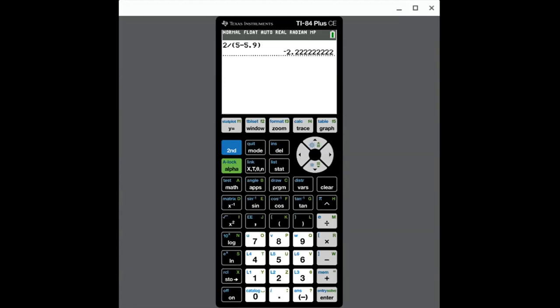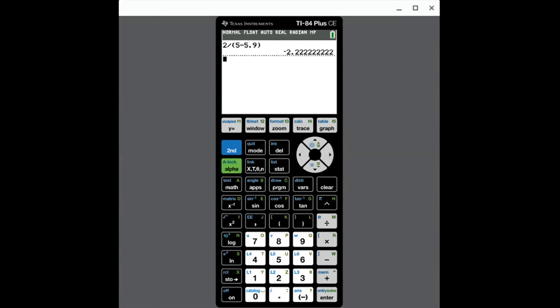Now if I find the slope, my points are 6, -2, and 5.9 and negative 2.22 whatever. So now I find my slope m. M is equal to negative 2.222222 minus a -2, over 5.9 minus 6.